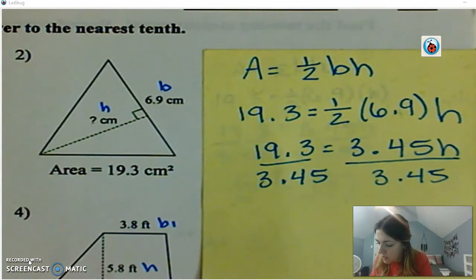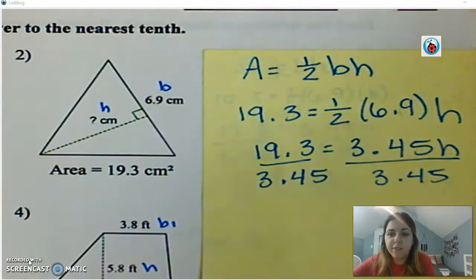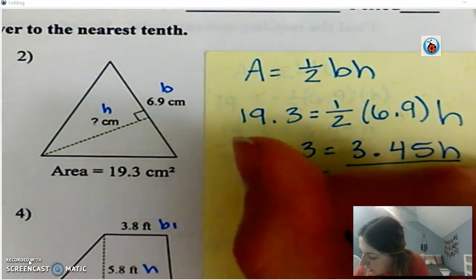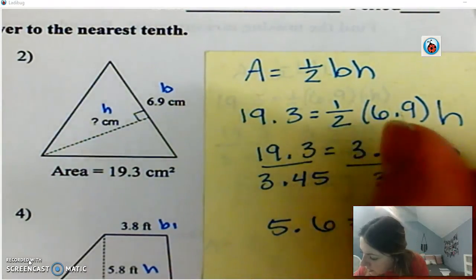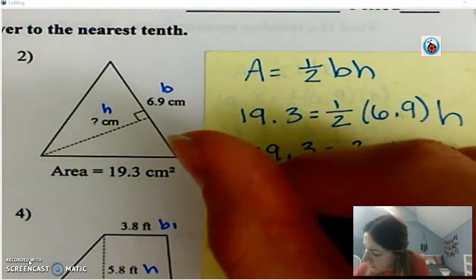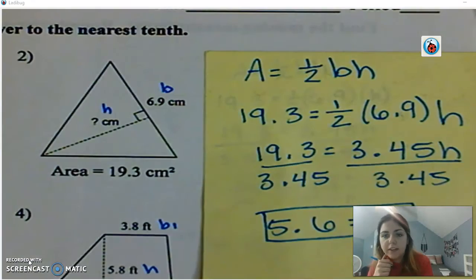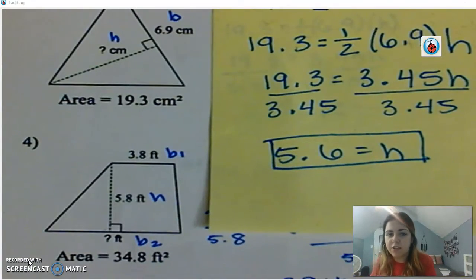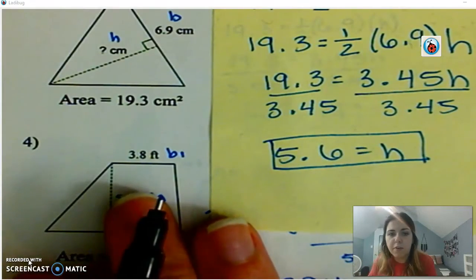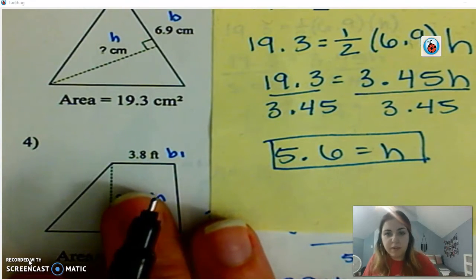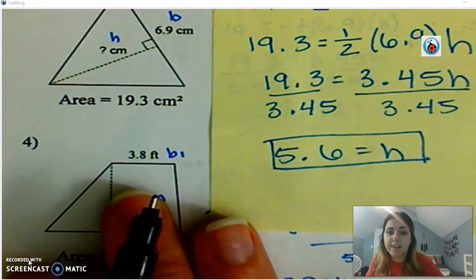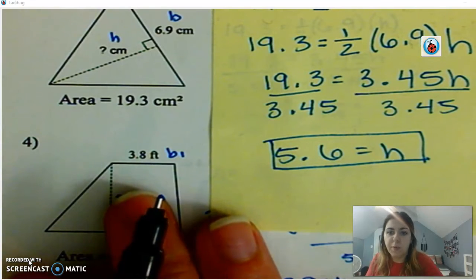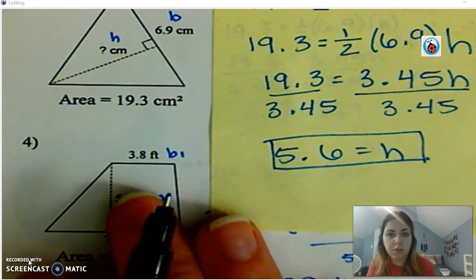Your answer is going to be approximately 5.6 equals H. That would be your answer, 5.6, because you divided both sides by 3.45, and that's what you would type into the Google form, because again, you want to round to one decimal place and do not include units.